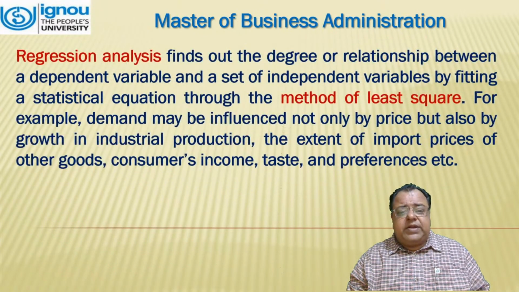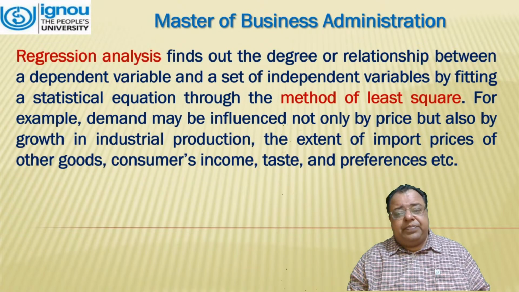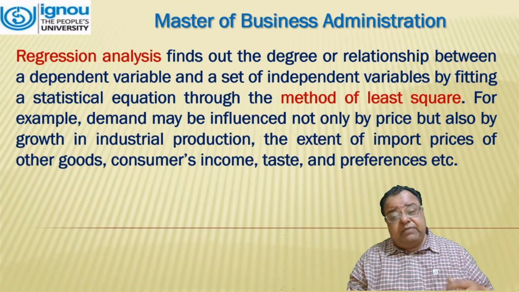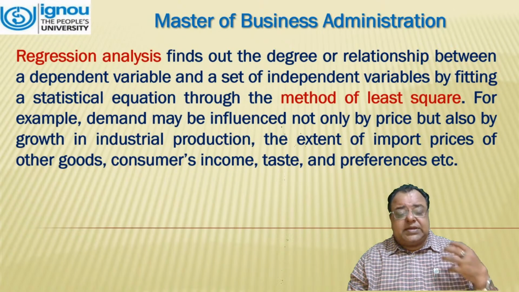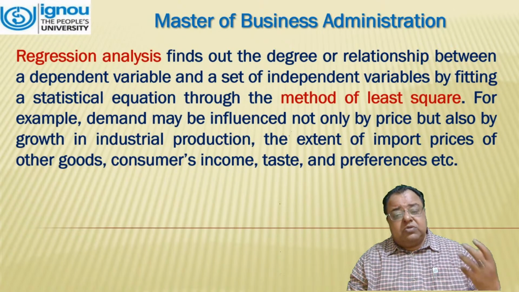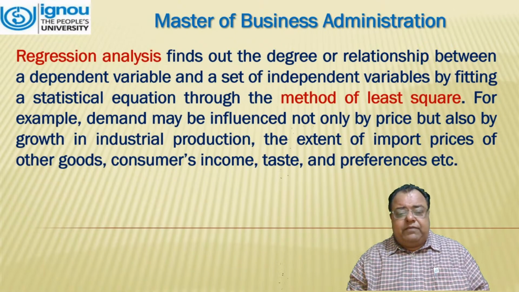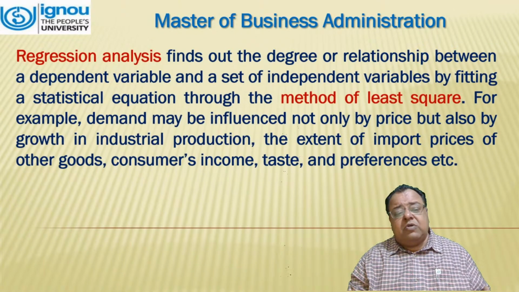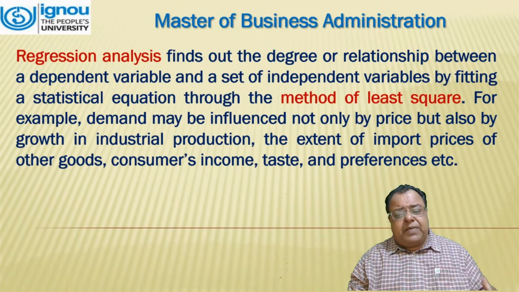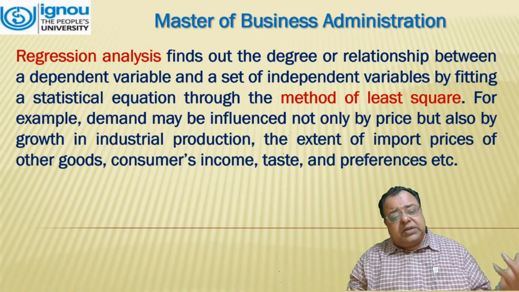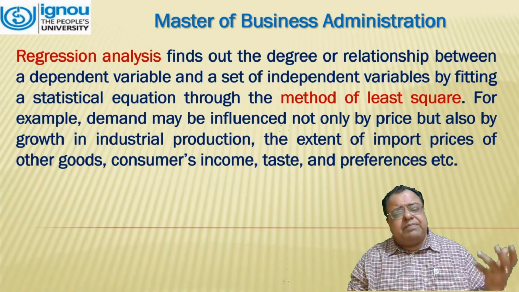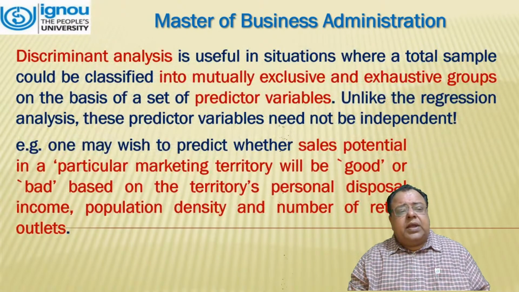Regression analysis finds out the degree of relationship between a dependent variable and a set of independent variables by fitting a statistical equation through the method of least squares. For example, demand may be influenced not only by price but also by the growth in industrial production, the extent of import prices of other goods, consumers' income, taste and preferences, etc.